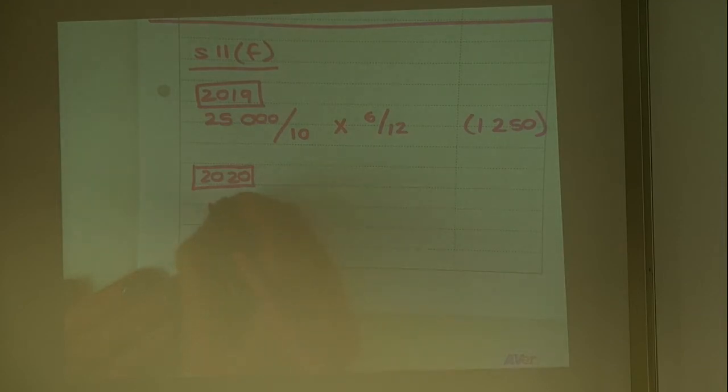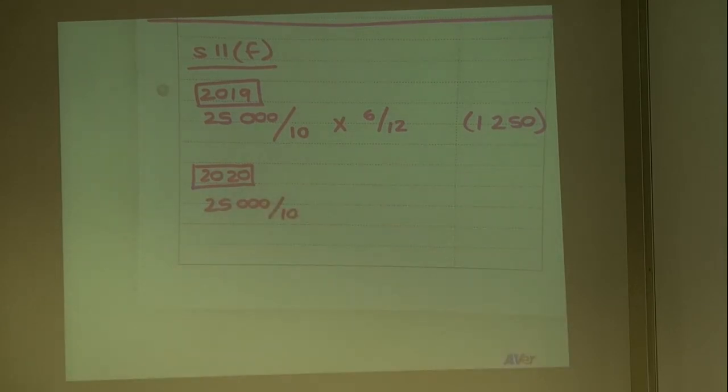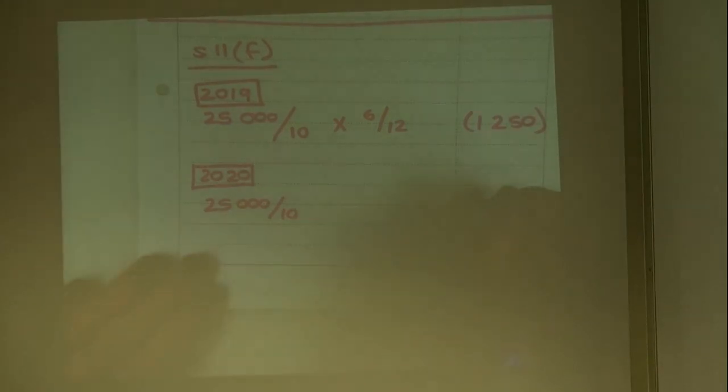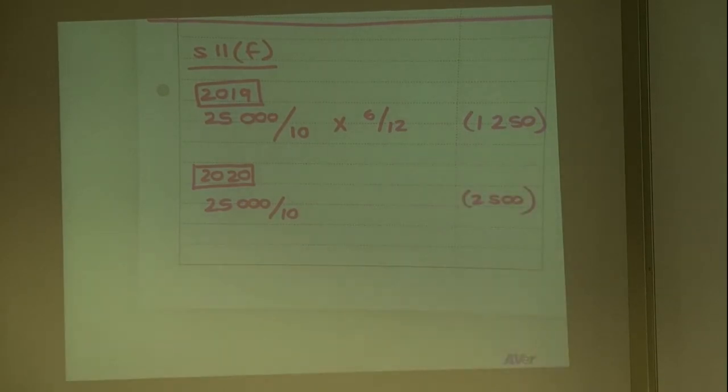So we're simply going to say the 25,000 Rand divided by 10. We don't need to apportion it because the lease is running for the full year of assessment. Which means that our deduction for every year for the next 9 years will be 2,500 Rand.